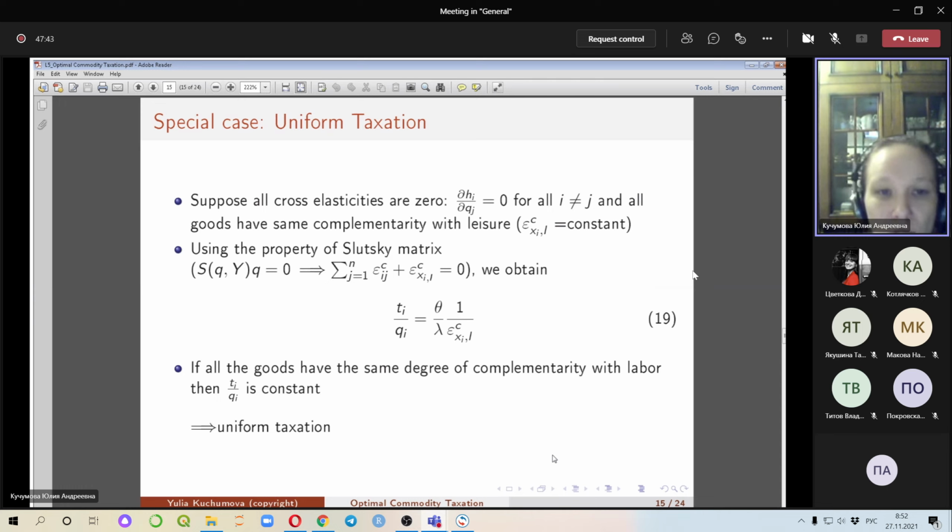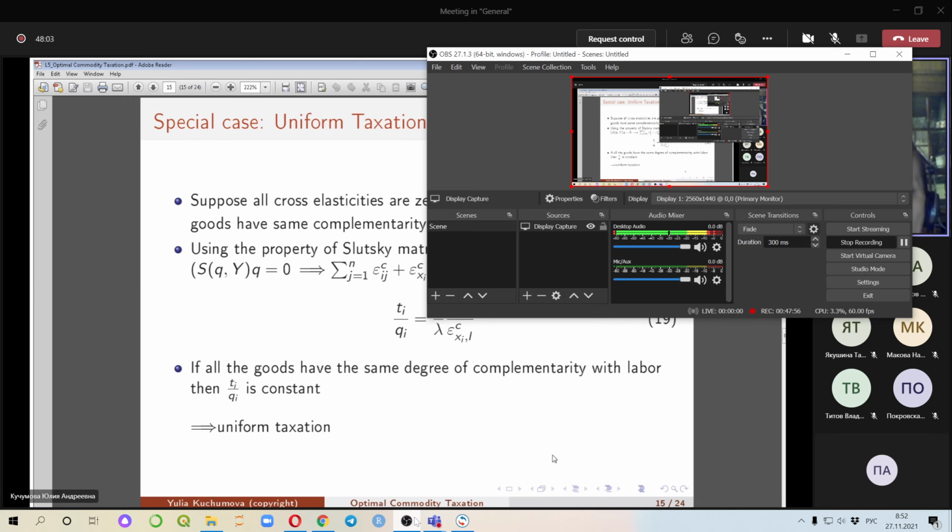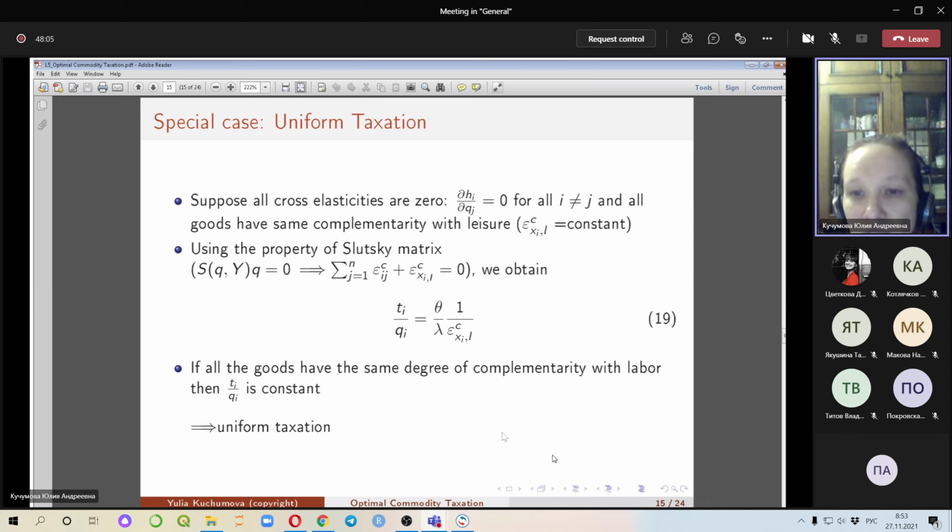So this is kind of the same, but in terms of Hicksian demand. Let us additionally suppose that it's not only that all cross price elasticities are zero, but also that all goods have the same complementarity with leisure. This is the compensated elasticity between i and leisure, epsilon IL. The elasticity epsilon IL is constant for all goods.